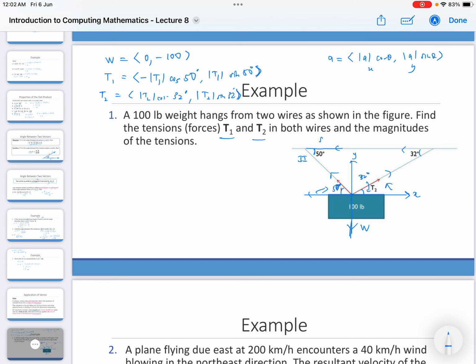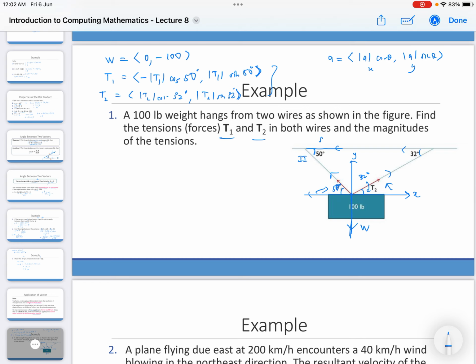Okay, now we want to find T1 and T2. Basically, we already have the expressions for T1 and T2, which are these two expressions. But now we have to find the magnitudes of T1 and T2. To find this, we need two equations, and to get the two equations, this is when we use the equilibrium of forces.